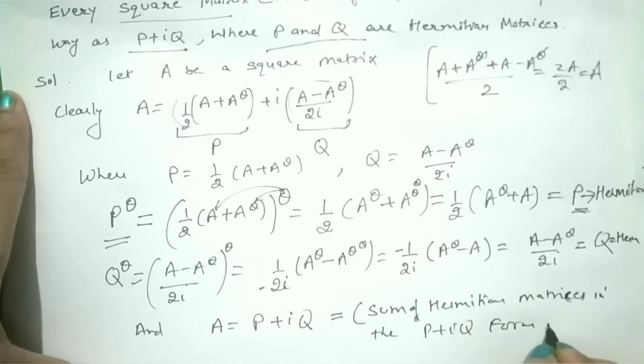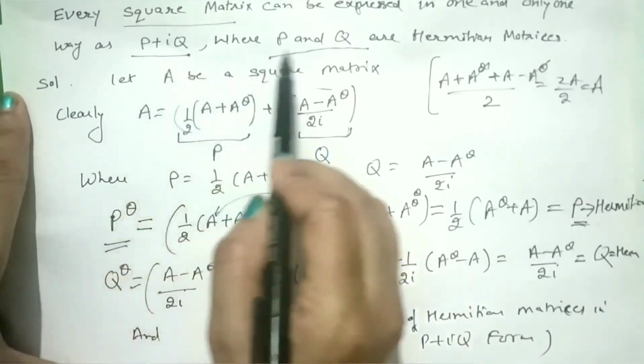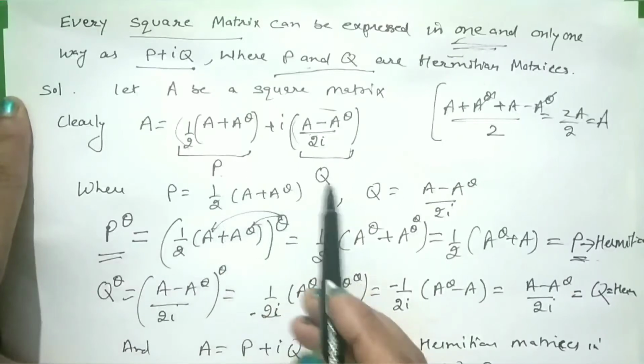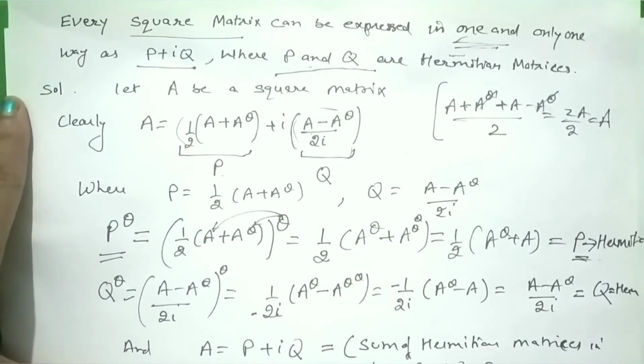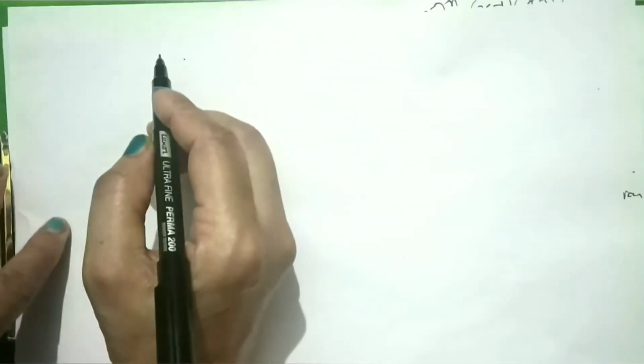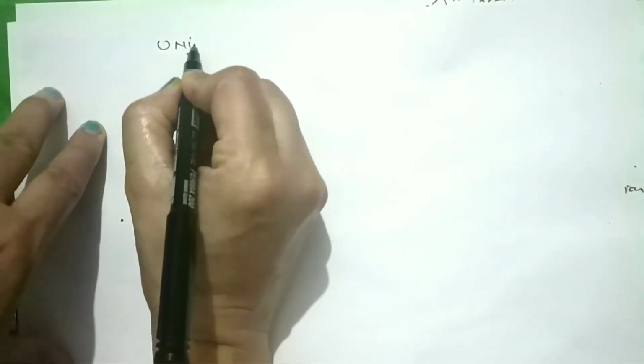Now the other thing we need to prove is that there is only one way. That means these P and Q matrices are unique. There is no other way of writing A as P plus iota Q. This is called uniqueness.